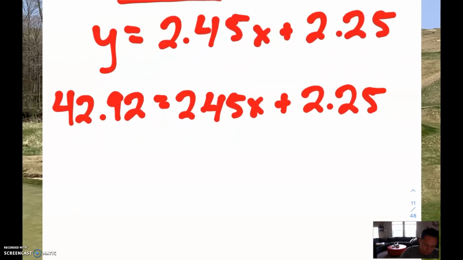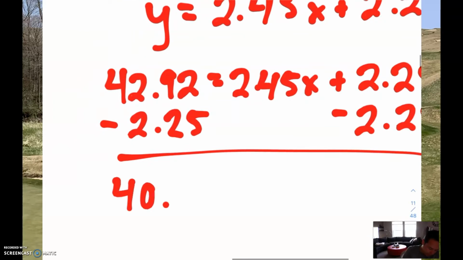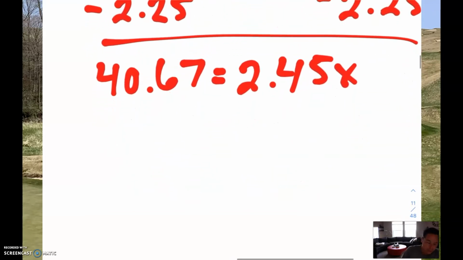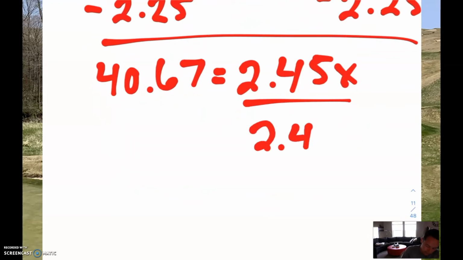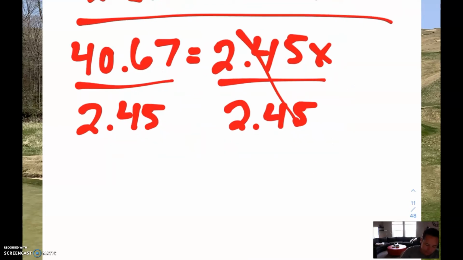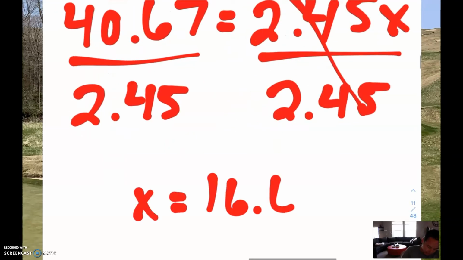Then we can subtract 2.25 from both sides. If you subtract 2.25, it's going to give you 40.67 equals 2.45x. To solve, we divide by 2.45 on both sides, and we end up with x equals 16.6.